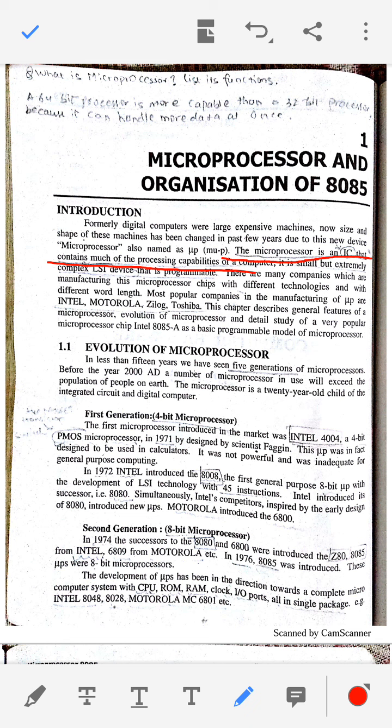Now we will start with evolution of microprocessors. Before explaining evolution of microprocessors, I want to explain two terms. One is assembly language programming and second is high level programming language. Assembly programming language is machine language, the language which is understood by the machine.